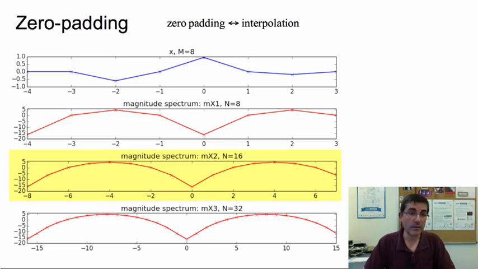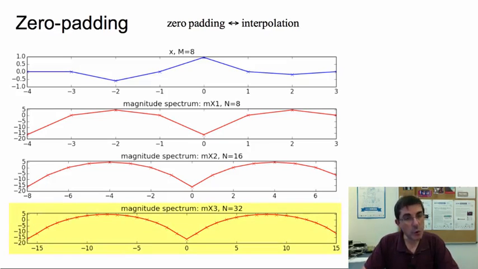The samples of N equal 8, of the magnitude spectrum of N equal 8, are exactly here, but apart from those, there are interpolated values in between, to make the spectrum smoother. And we can even do more. If we zero pad even more, up to N equal 32, we will get more interpolated values in between, therefore resulting in a smoother spectrum.